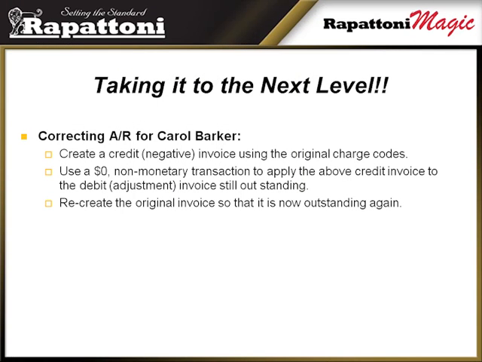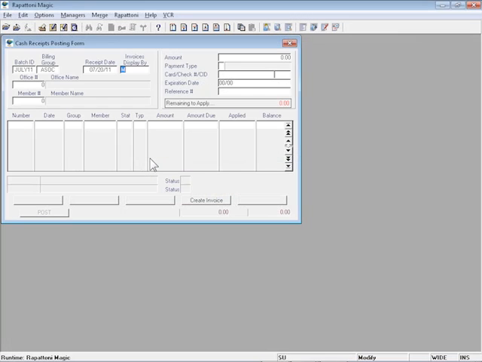Now the next step is we're going to recreate the original invoice so that it's now outstanding again. Because, again, Carol Barker has not paid her dues invoice. So since we're already in cash receipts posting, I'm just going to type in Carol Barker's member number again.